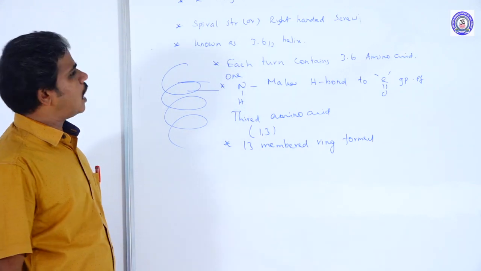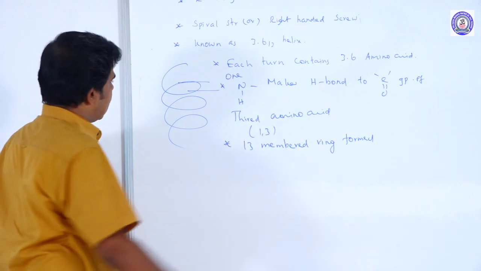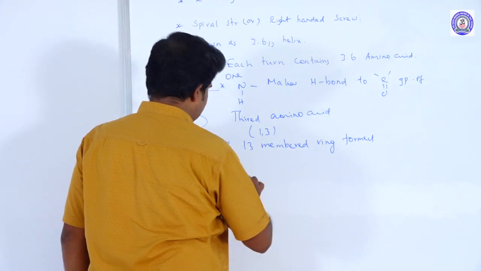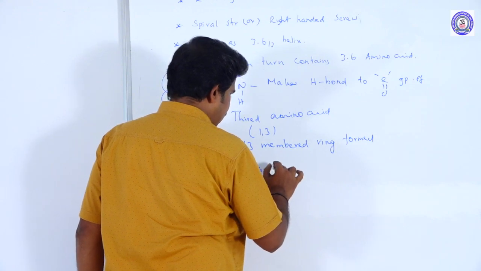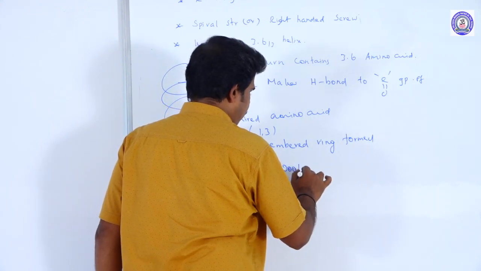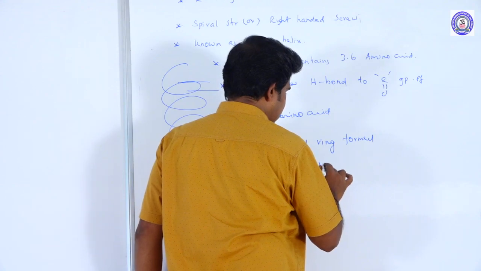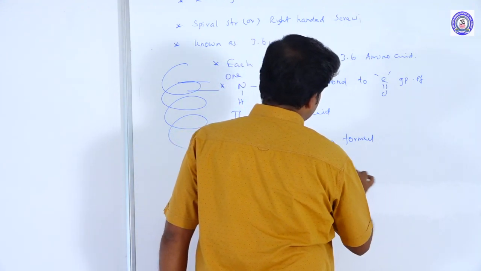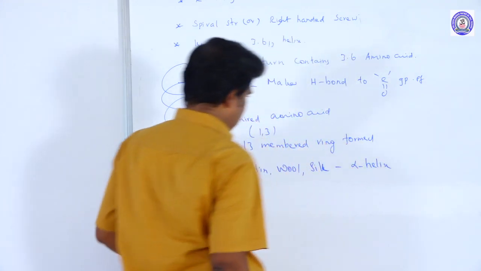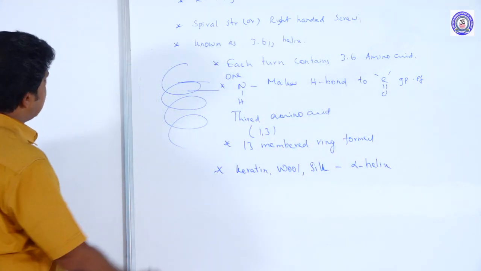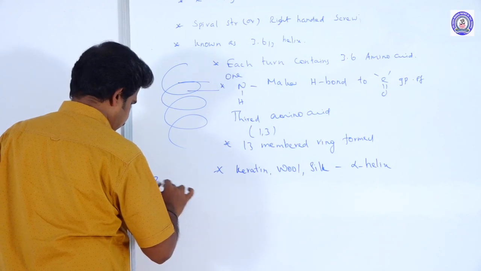So it is an alpha helix structure. Examples are keratin, wool and silk. These are all alpha helix structures.